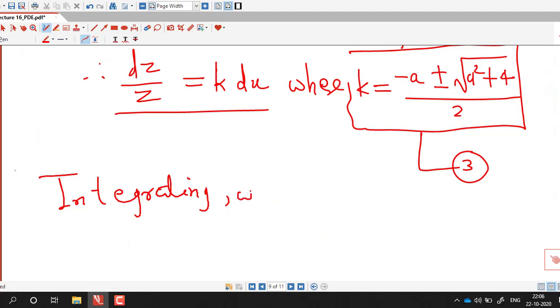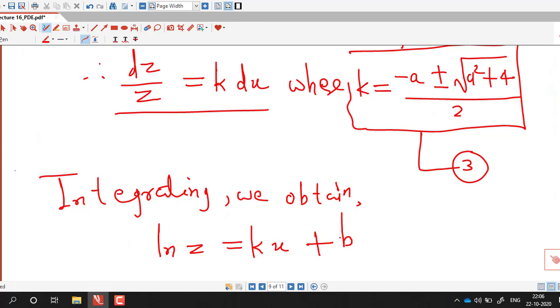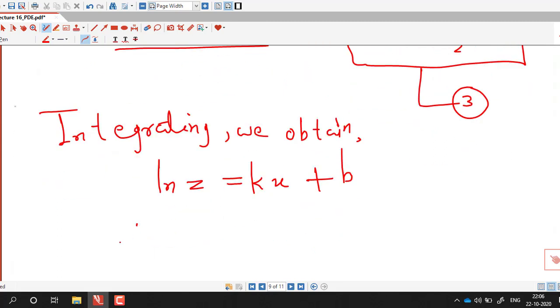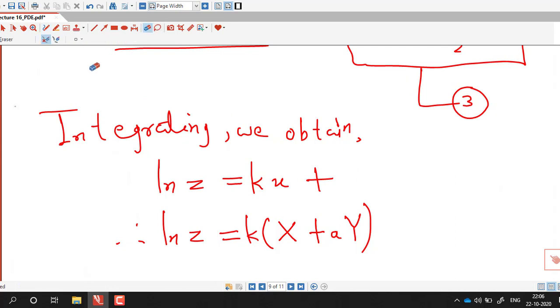If we integrate this, we obtain ln z equal to k into u plus b. So therefore ln z is k into u, where u is capital X plus a into capital Y. For convenience we can adjust the constant as ln b, and here we substitute the value of small u, which is capital X plus aY.